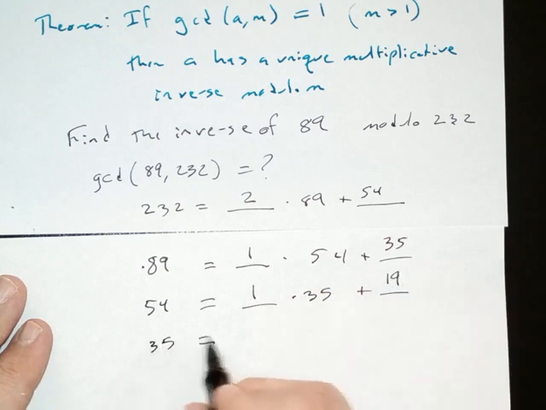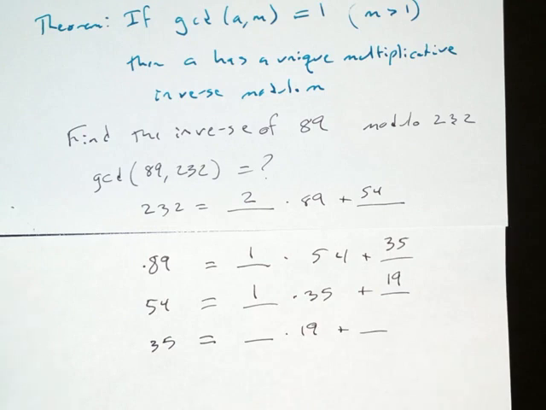Repeat the process. 35 is some number of 19s with something left over.